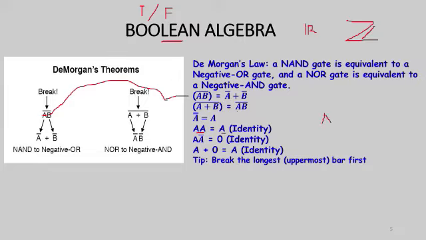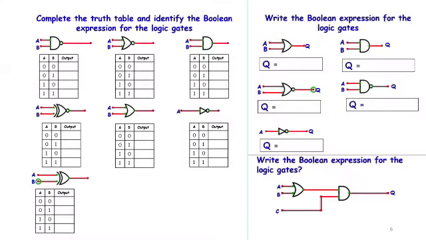Then whenever you have a variable ANDed with the negative of that same variable, they cancel each other, so the answer is 0. And when you have a logical variable plus 0, it gives you the variable itself. Now let's proceed and see the application of this.